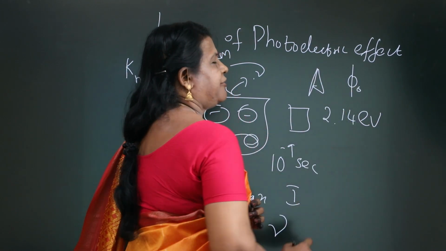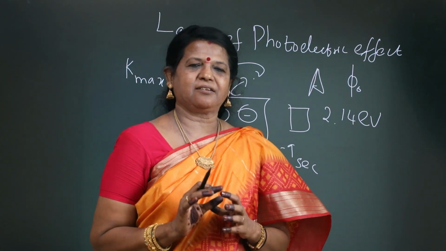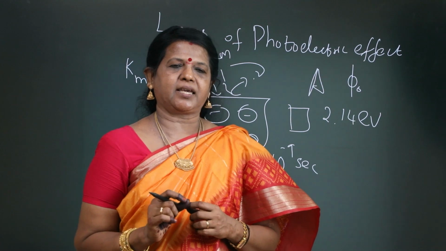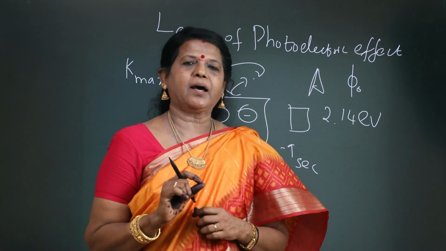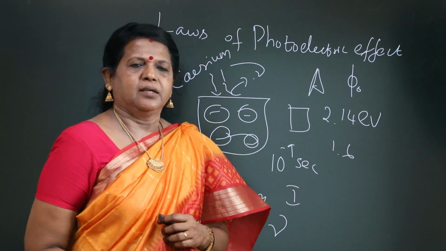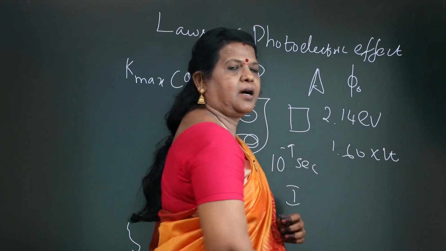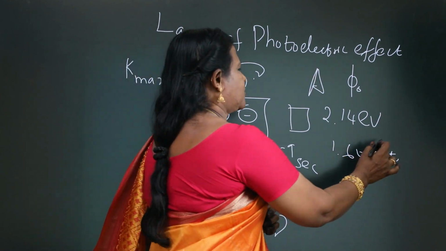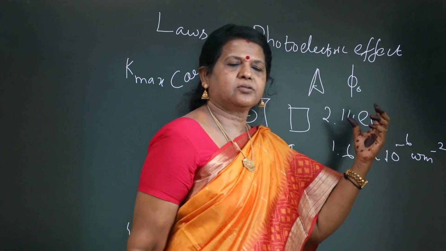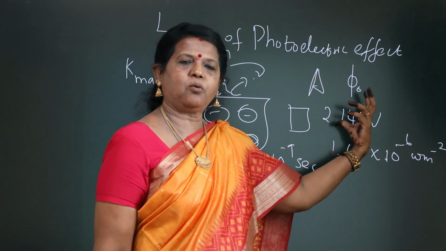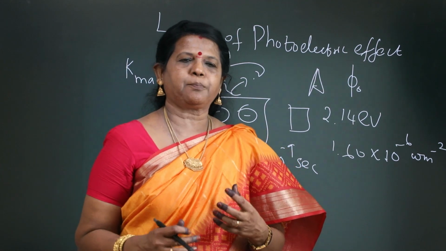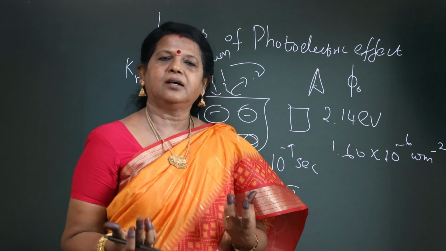The work function phi naught for cesium metal is 2.14 electron volt, and the power absorbed per unit area is 1.6 into 10 power minus 6 watt per meter square, which produces the measurable photocurrent of the cesium.